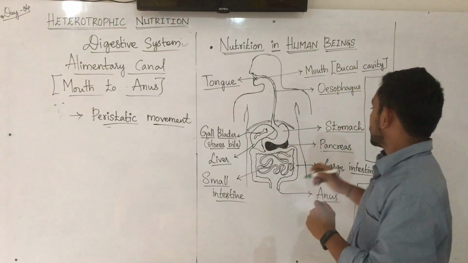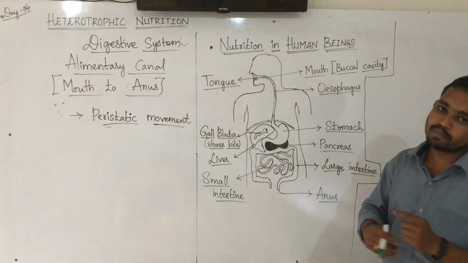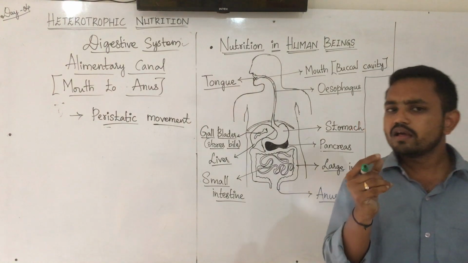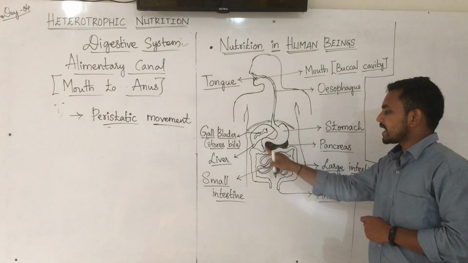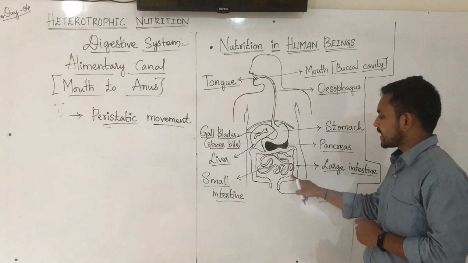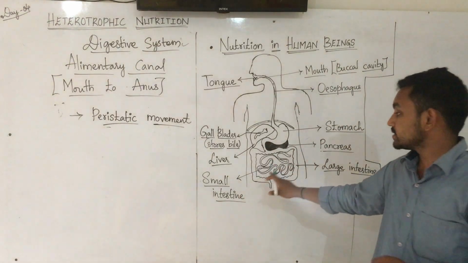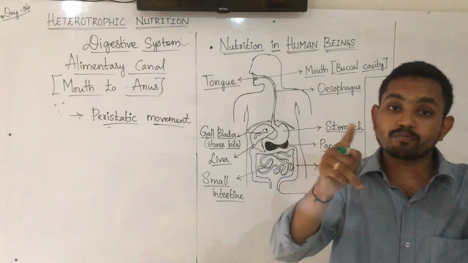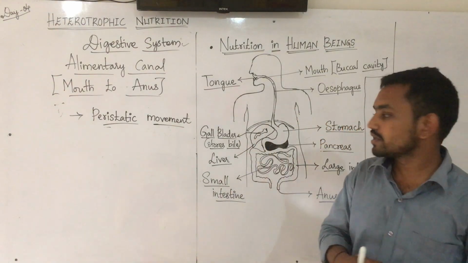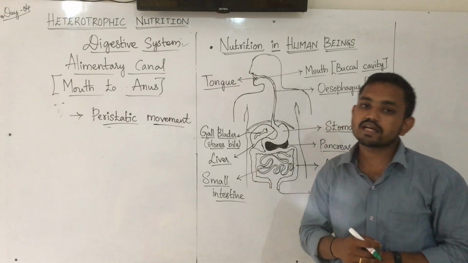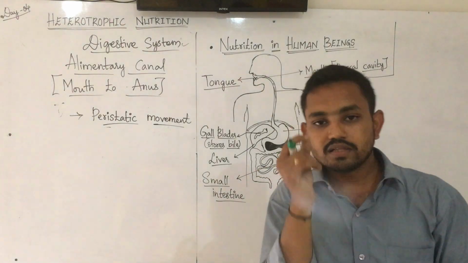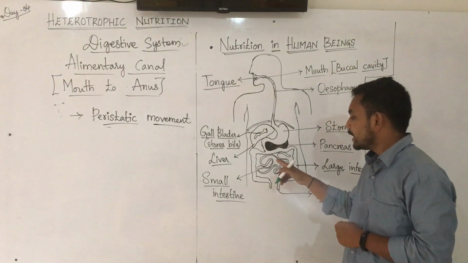With the help of HCl, the medium becomes acidic, and later the food is transferred towards the small intestine. The small intestine is the largest structure of the digestive system, with foldings. In the small intestine, the complete digestion process takes place.